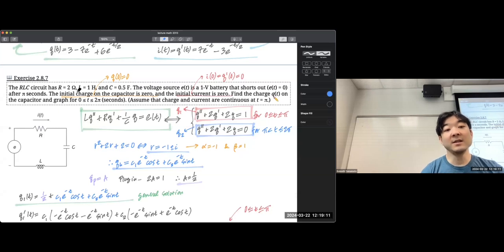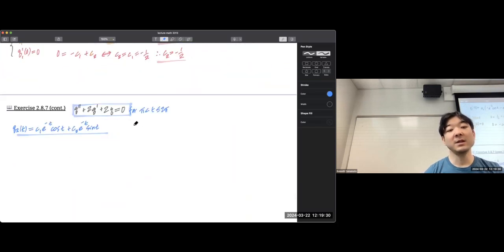And these initial charge and current are when t is equal to 0. So it only applies to the red equation because the red equation is for t equal to 0 to pi. It has nothing to do with the second equation because the second equation only exists after pi. And so this initial condition is not applicable to this blue one. So the C1 and C2 will not be the same, and we'll have to find them using some other condition.